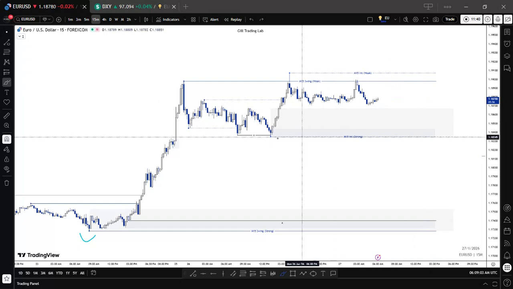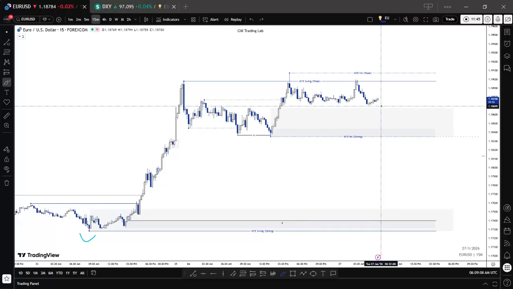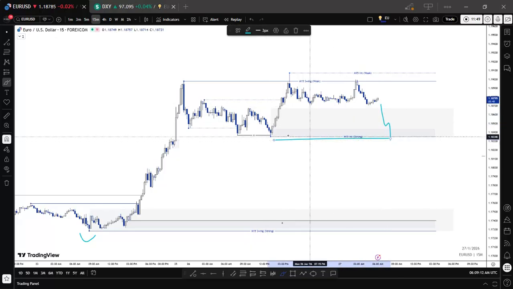The other case where I'd be interested in looking for longs is if price came and swept this low. If price breaks this low, it can be a sweep of the internal low, or it can be a bearish charge.